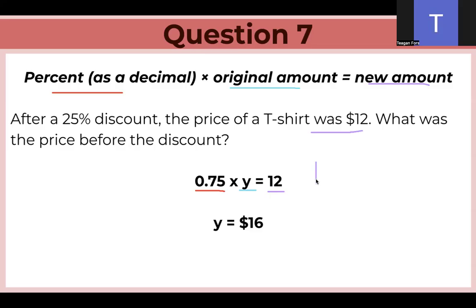So we can take our answer of 12 and we can divide, do the opposite operation, by the amount we know, which is 0.75. And when you divide 12 divided by 0.75, you end up with 16. So my y is equal to $16. That's how much my shirt was originally. Let's try another one.